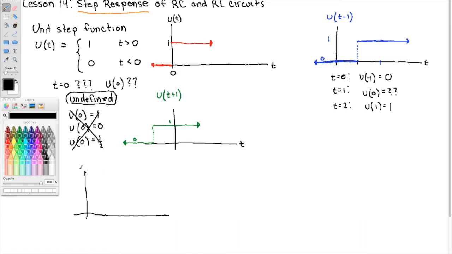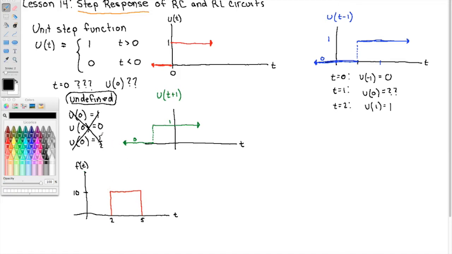So let's say we have a function of time, f of t, and our function of time looks like this. We'll call this 10. So this is a height of 10, and we'll let this be 2. So this is going to be 2, and this is going to be 5.